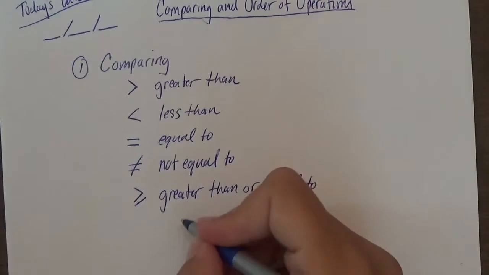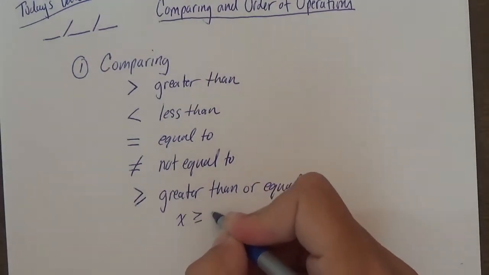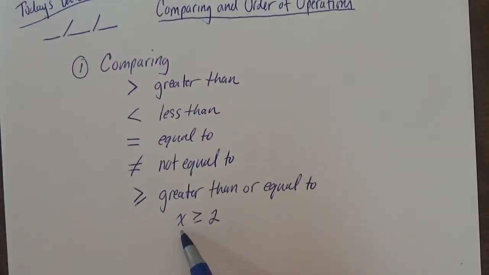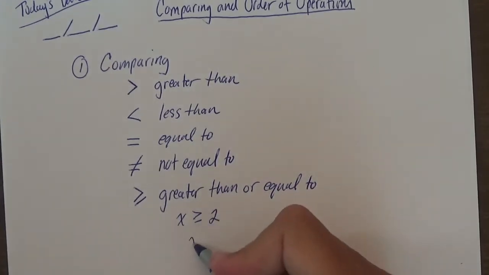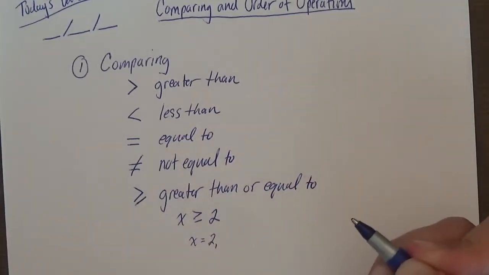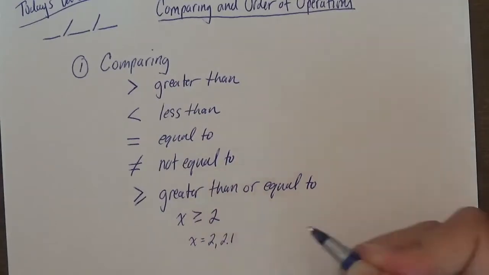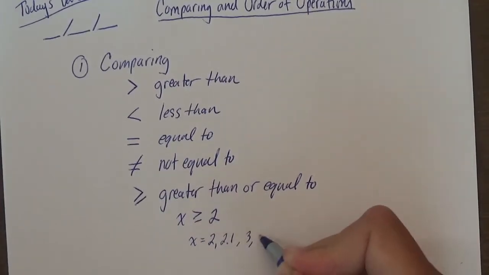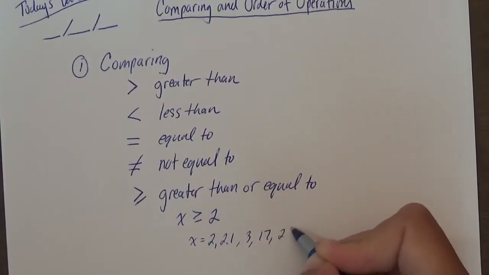So when would you use this? You would use this if you had a variable, like x for example. So if I said x is greater than or equal to 2, you could say, well then what could x be? X could actually equal 2, or anything greater: 2.1, 3, 17, 25.